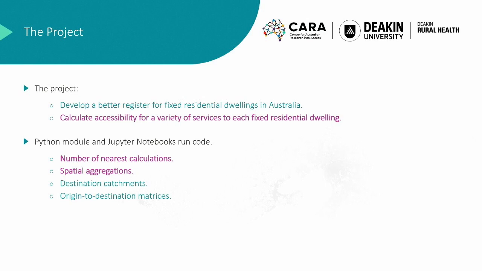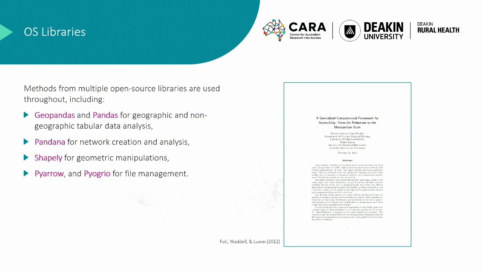Because it's at the dwelling level, we can then spatially aggregate this to any geometry that we want to. These are the two that I'll be focusing on today, but within our Python modules, we also have methods for calculating destination catchments, so within a specified time or distance, and also direct origin to destination matrices if you need to be really specific about the origin and destination routes.